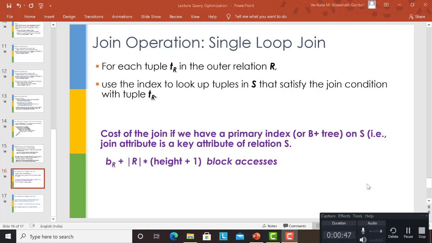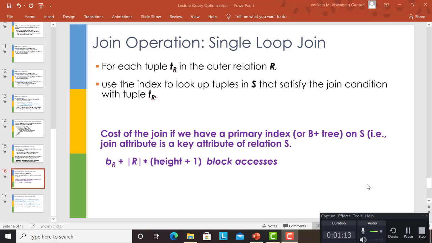So yeah, just one more time. In a single loop join algorithm, you have a for loop. That for loop loops over the relation R, and then for every tuple of the relation R, we use an index on the relation S to bring out any tuples which match your join condition, right?